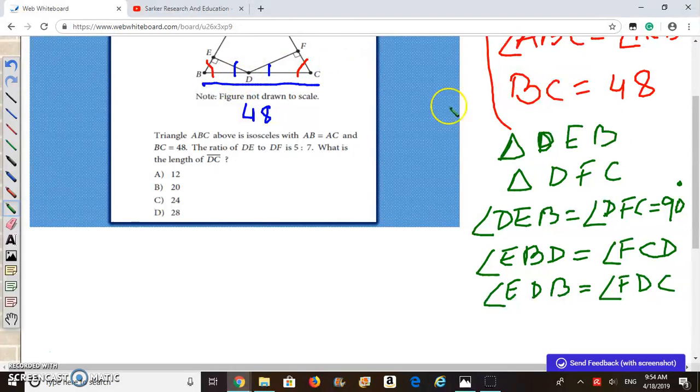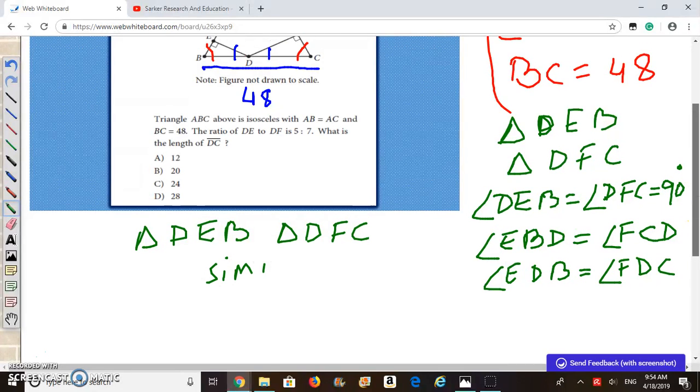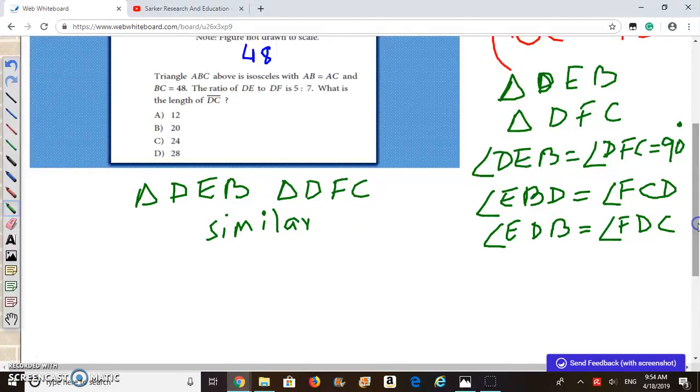So they are similar triangles. We found out that triangle DEB and triangle DFC are similar triangles, because the three angle pairs are congruent. And in similar triangles, the three pairs of sides will be in proportion.